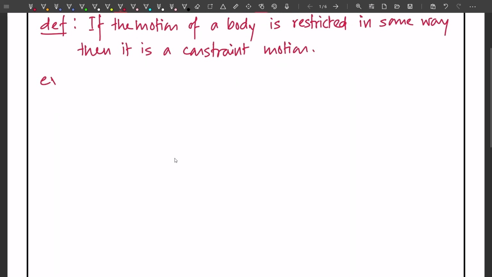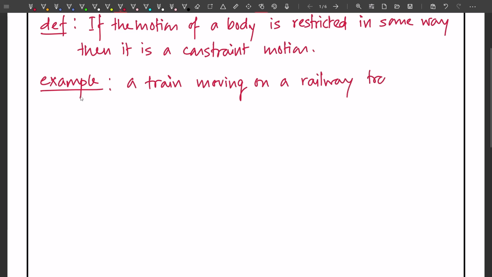Now, for example, let's say a train moving on a railway track. Here the motion of the train is always constrained or restricted to the path of the railway track.